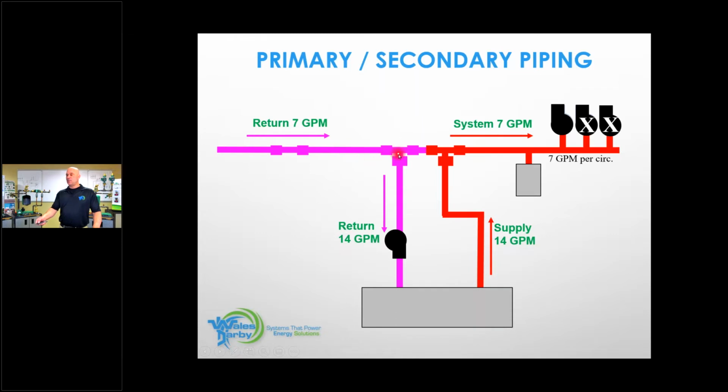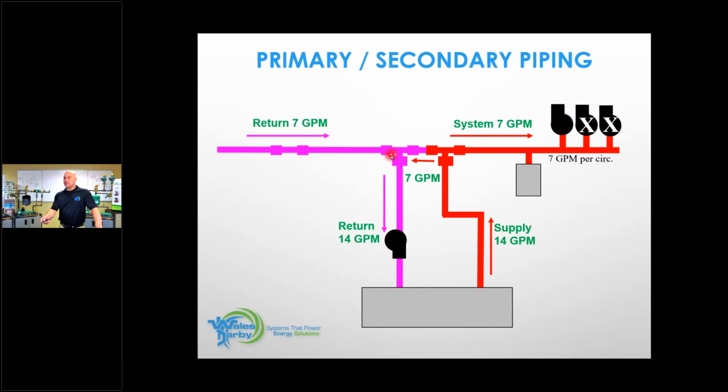It's going to get to this point, and what's going to happen at this point? 7 gallons in our return header. Boiler is looking for 14 gallons. This boiler is going to get its 14 gallons because this circulator says so.